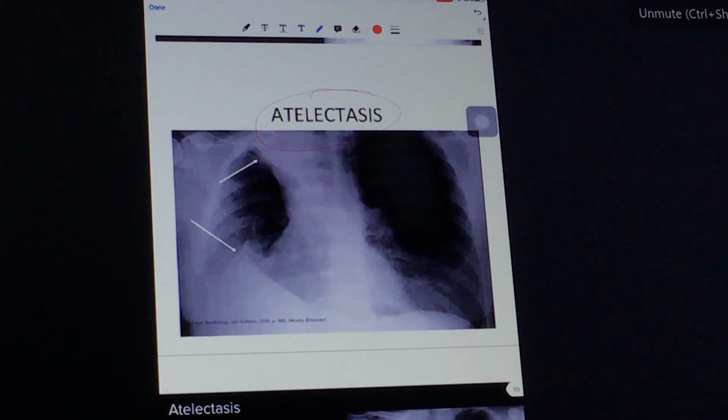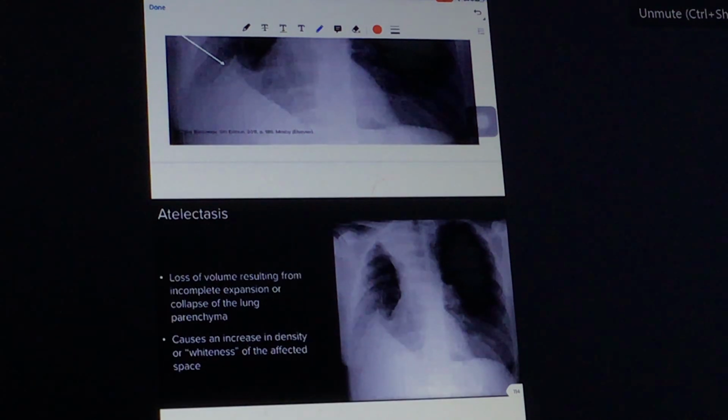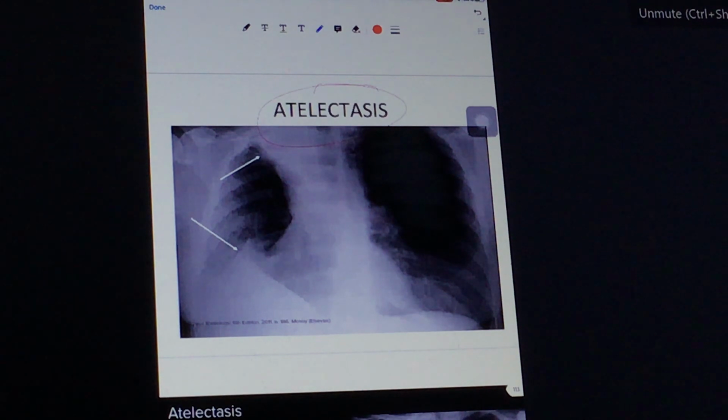So in the right side of the lungs, since the lung loses its air, with no more air inside, it will become denser on the right upper lobe and also in the middle. Imagine it as tissue without air, so it will look whiter.